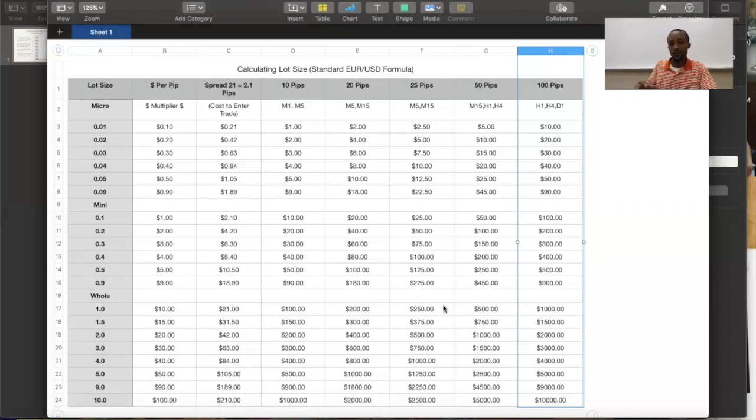And that's how you manage your risk. You would say, for instance, if I have $2,000 in my account and I just lost $521 using a whole lot, I just lost a little bit north of 25% of my account. Was it smart to risk 25% of my trading capital on one trade?